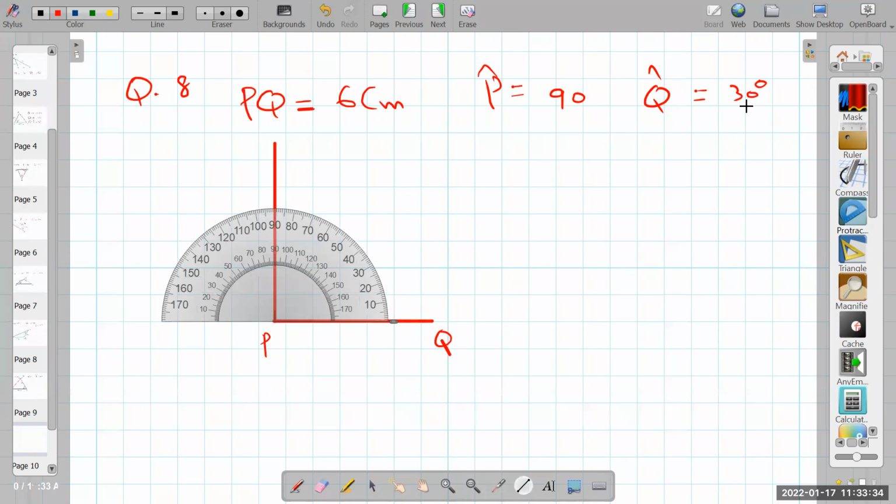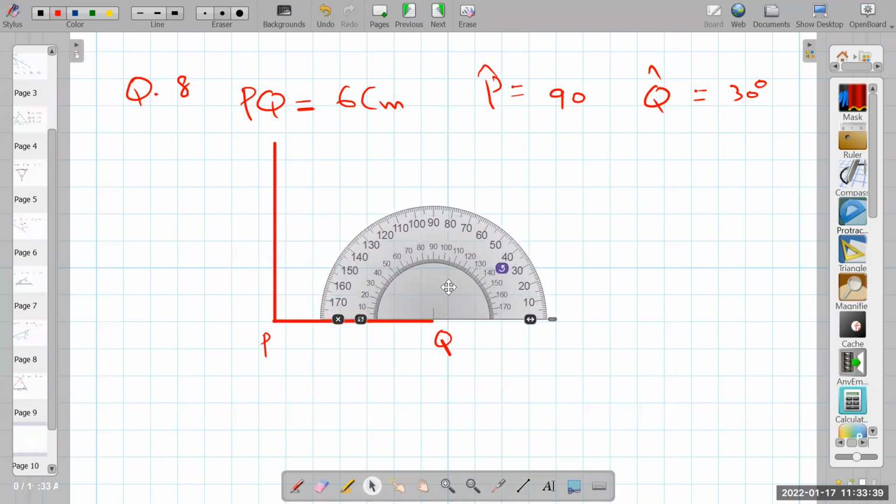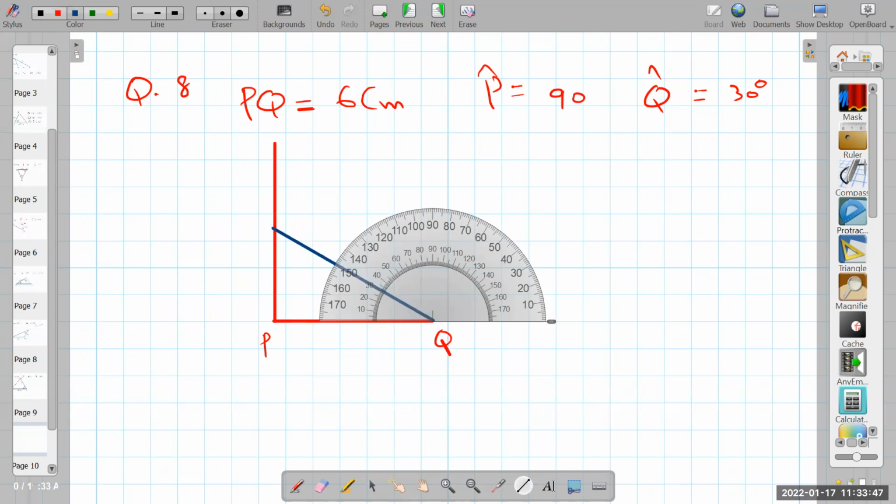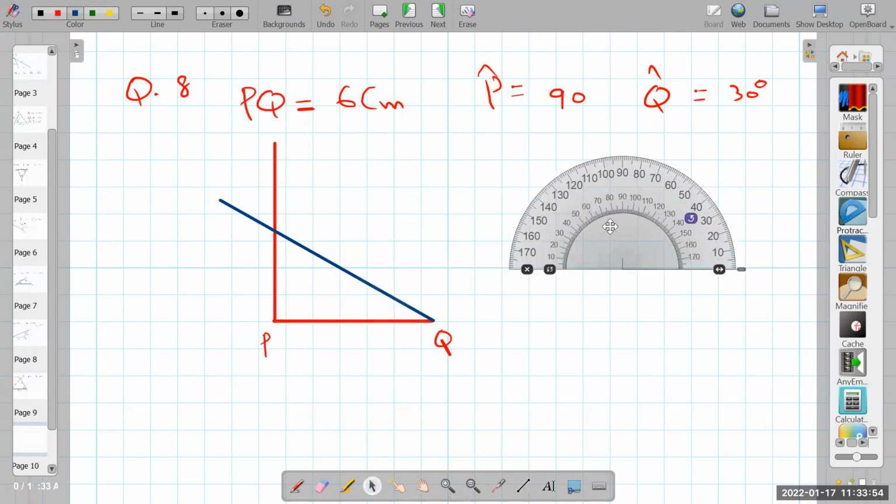After that, at Q must be 30 degree. At Q, 30 degree. 30 degree will come here at this point. The Q is 30 degree.